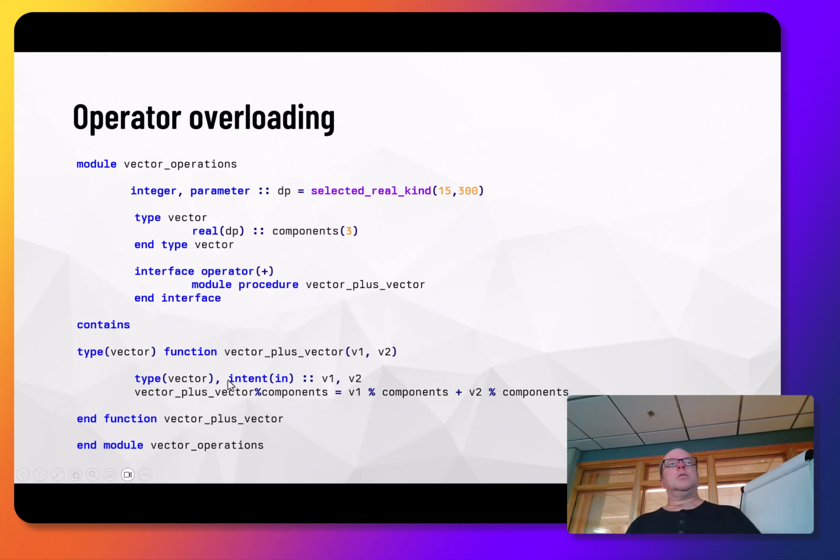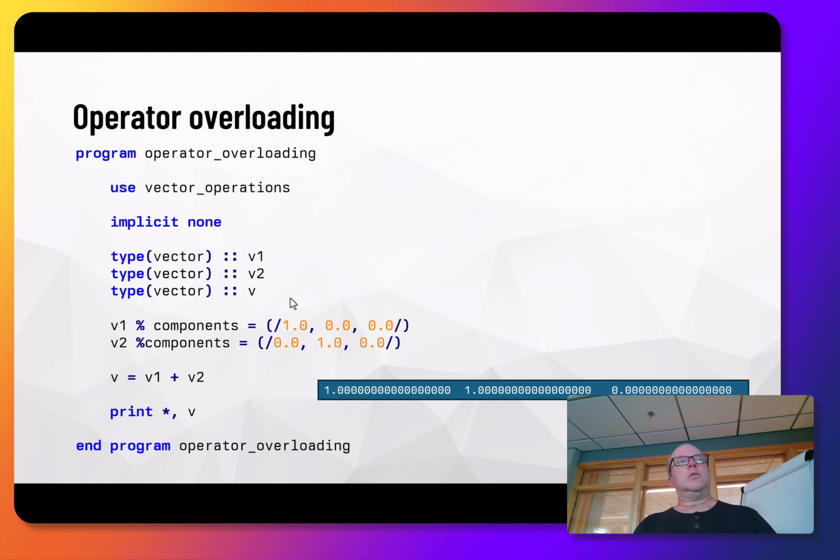And that's it. So now I have redefined plus for the vector data type. You can see it will use vector here, and when you have an expression of that, it will call this routine here. So here I used my vector operations, I declared 3 vectors, and I assign them here, and then I can do this.